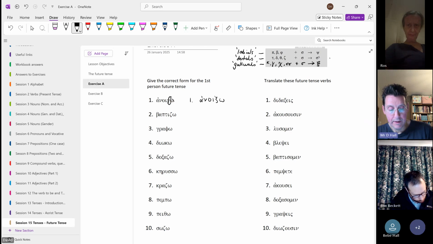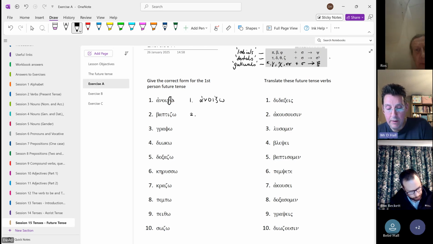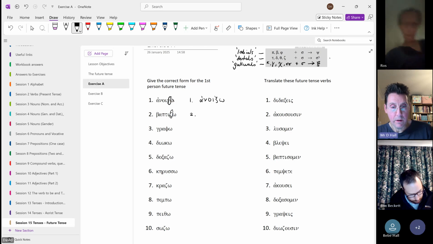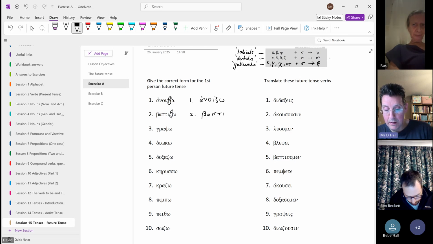Okay, and then I'll just do one more with baptizo. So here we have a dental, so we've got the zeta at the end, and therefore if we want to make the future of that, which is to baptize, I will baptize, then we would have bap, and then here we're going to replace it with the sigma because of the zeta plus the sigma in the future, so we're going to have baptiso.